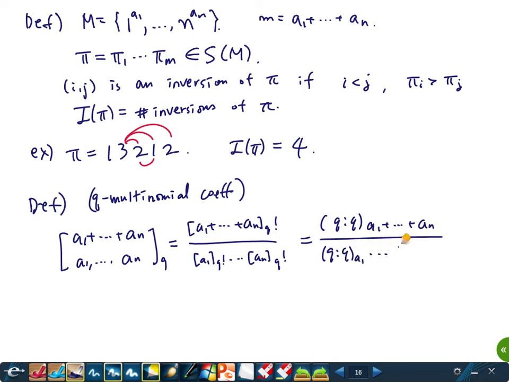They are the same. So the q-binomial coefficient is a special case of this. It can be written this way, (k, n minus k), as a multinomial coefficient. And here, the sum of the integers in the bottom must be equal to the integer in the top.